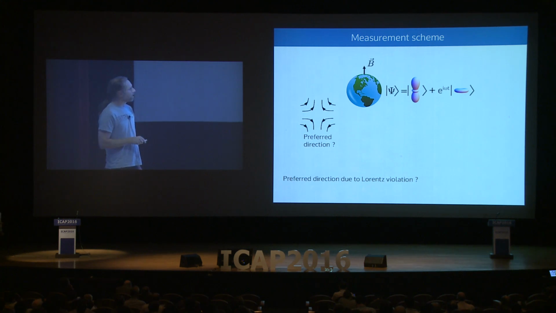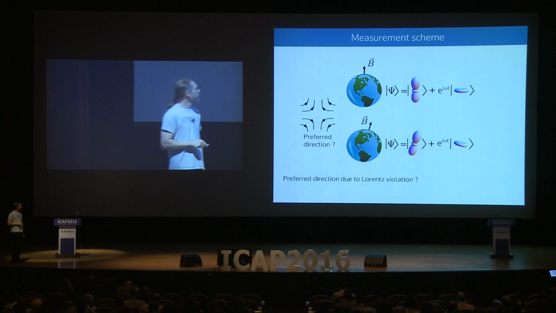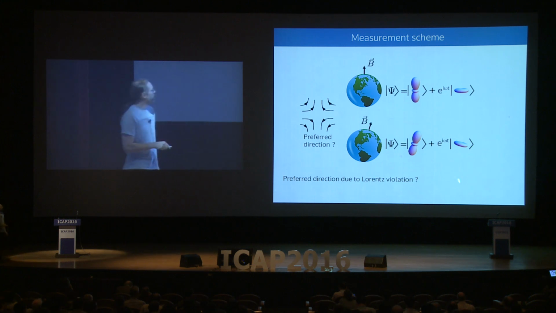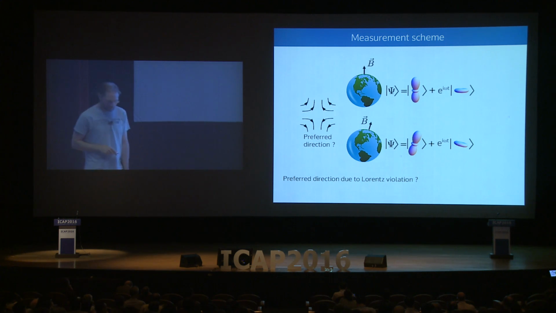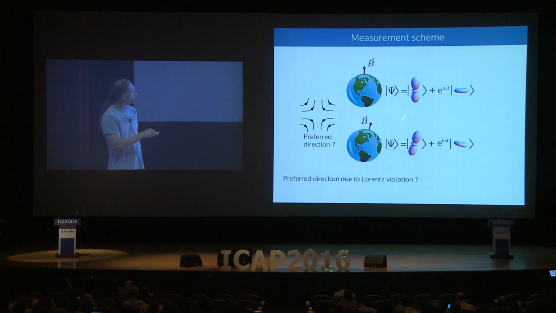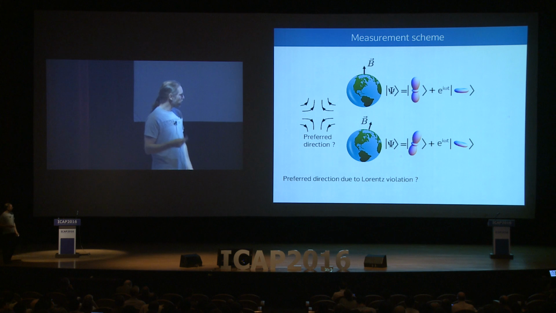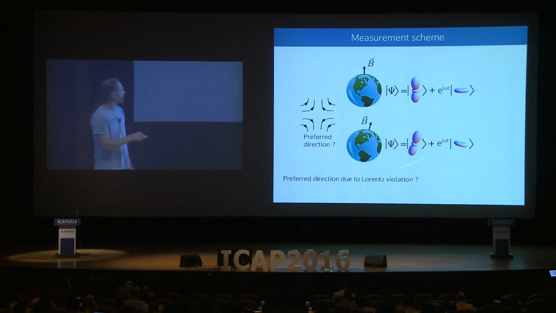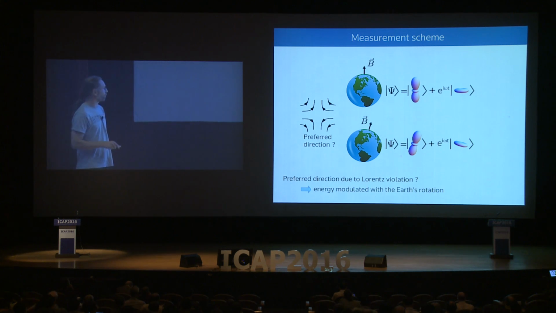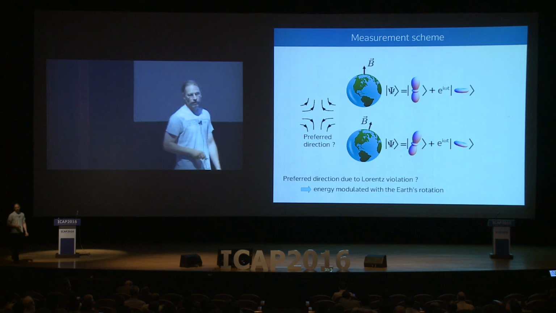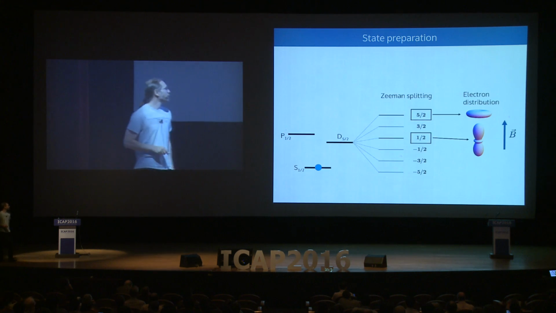But if the Earth rotates, and I guess we humans have learned to be humble, we don't expect this preferred inertial frame to rotate with the Earth, then the energy shift between those two levels should change, and it should be modulated with the Earth's rotation. And when you look carefully, if I turn it upside down, I would get the same situation. Therefore, I expect an energy modulation of 12 hours.